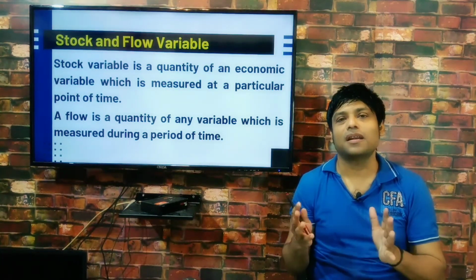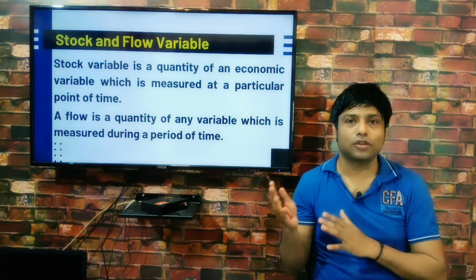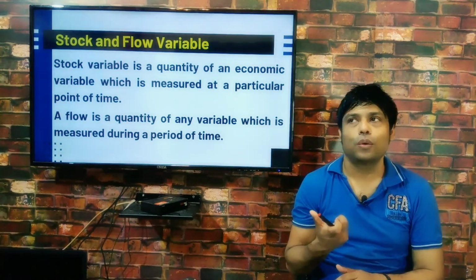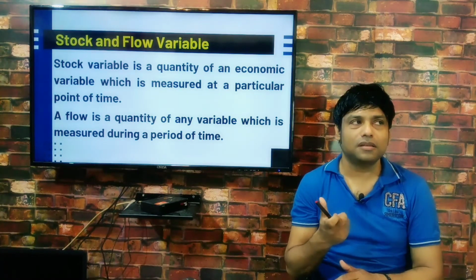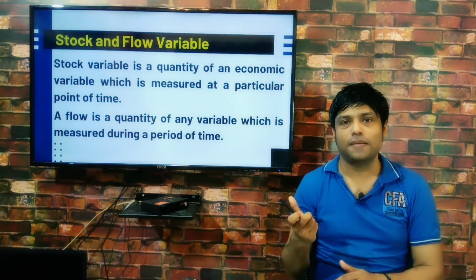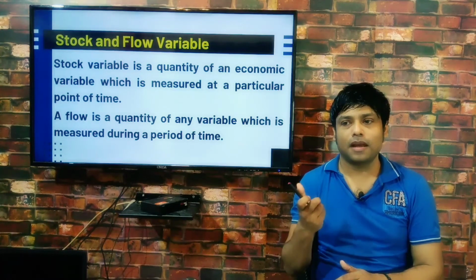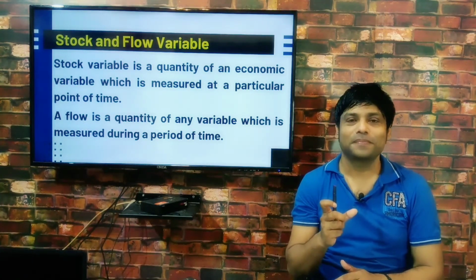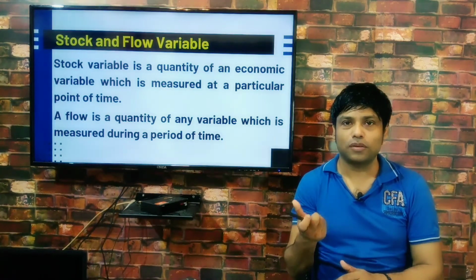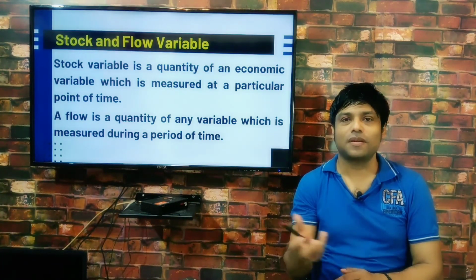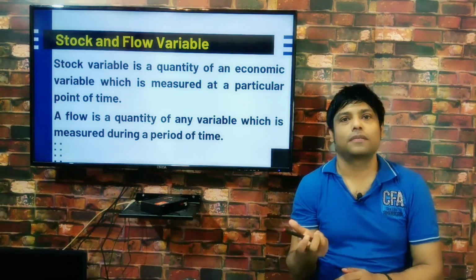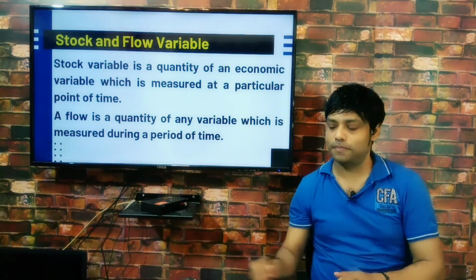These may be regarded as examples of stock variables. Okay. Now flow. Monthly wages of a worker, then per hour speed of a train, then the production of cloth during a year, etc. These may be regarded as examples of flow variables.